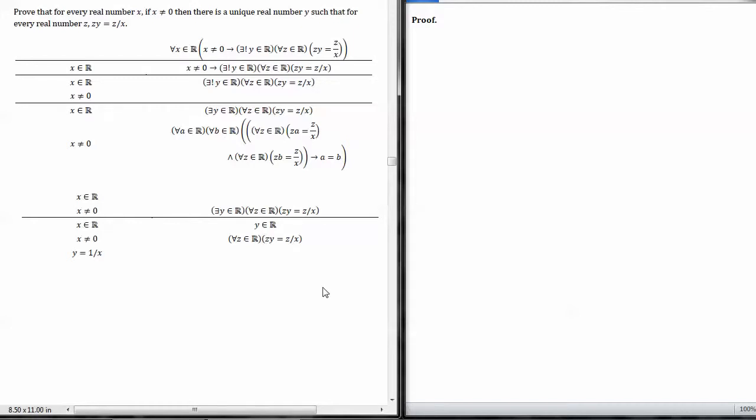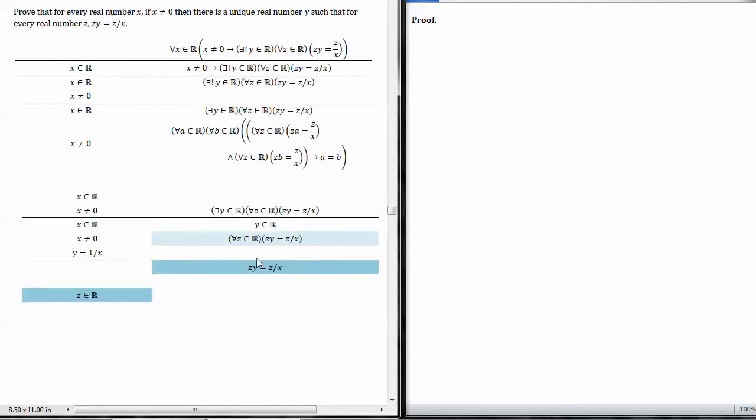And so we can take care of y being a real number right away, because x is a non-zero real number, and the reciprocal of such a thing exists and is another real number. And so we're just left with this goal, and we can let z be an arbitrary real number, and we just have to prove that equation is true.